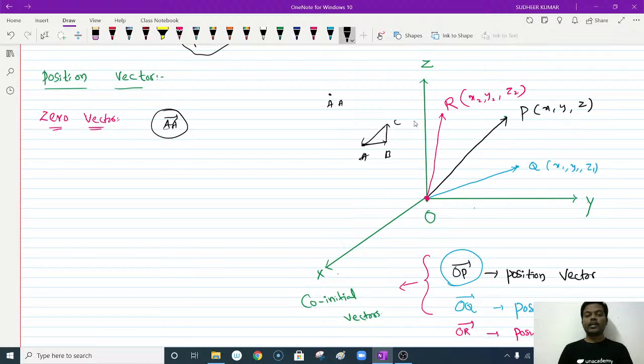The vector AA is called the zero vector, right? The next one is the unit vector. So what is the unit vector? Can you say that now? What is a unit vector?